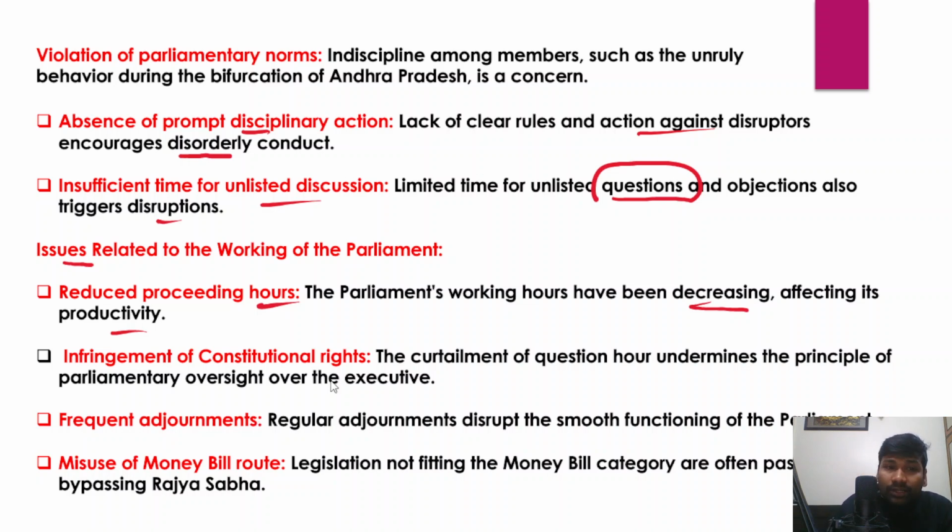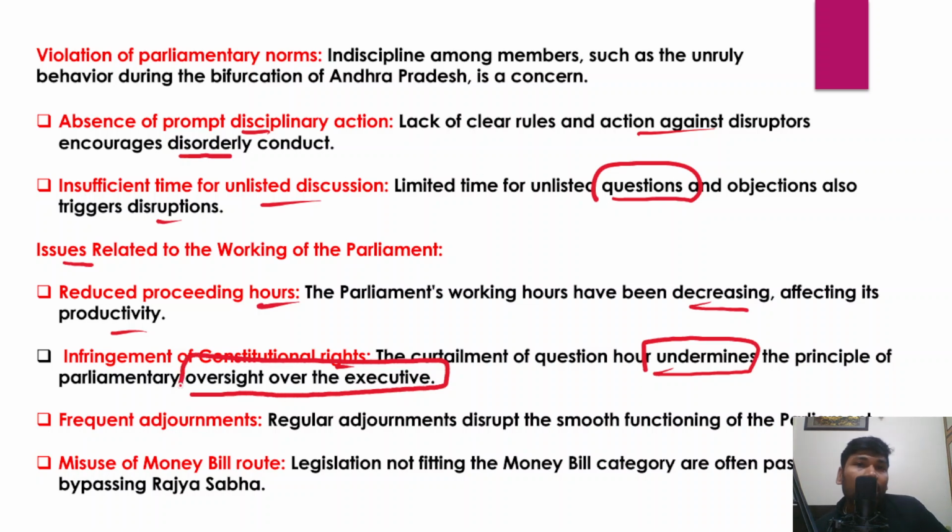And infringement of constitutional rights, for example, the curtailment of the question hour actually undermines the principle of parliamentary oversight over the executive, because remember that question hour is part of the concept of holding the executive accountable to the legislature under Article 75 of the Indian Constitution.